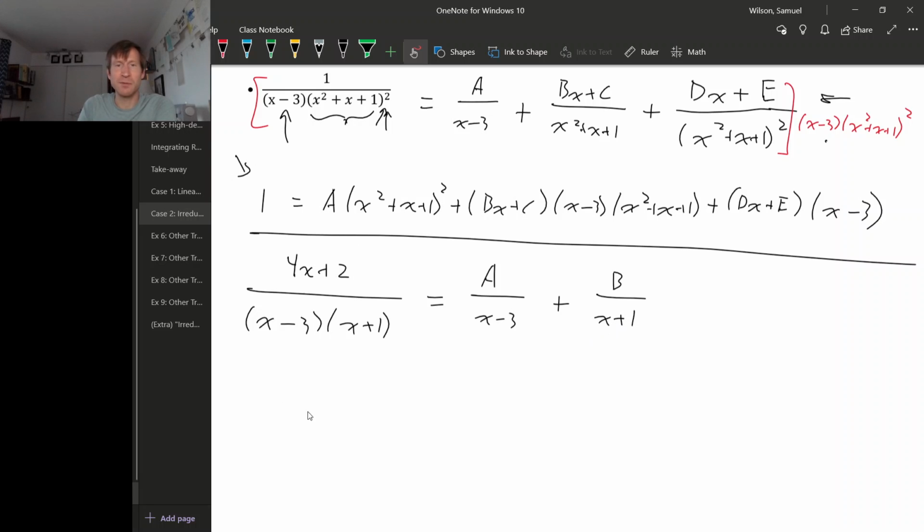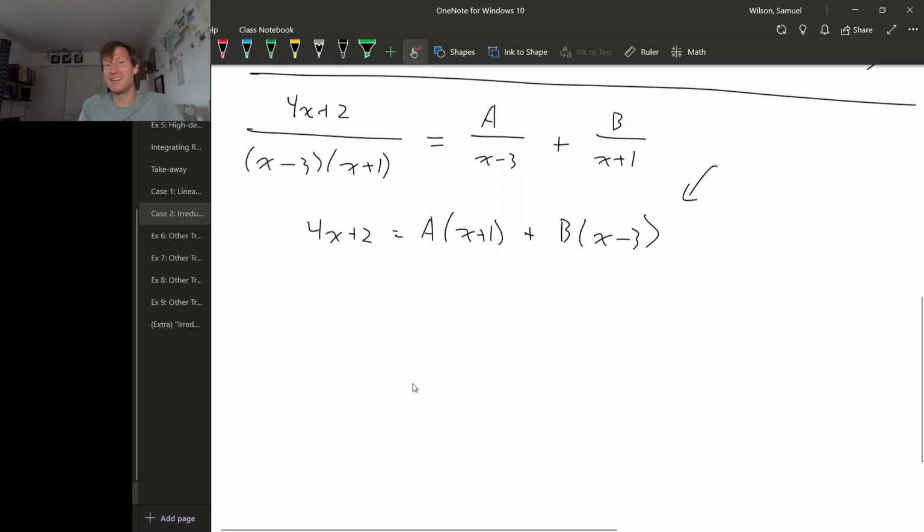And then clear denominators, we get 4x plus 2 equals a times (x plus 1) plus b times (x minus 3). Now for this particular example, plugging in the nice x values is the easiest way to go, but I'm just trying to demonstrate this idea of multiplying out the polynomials.